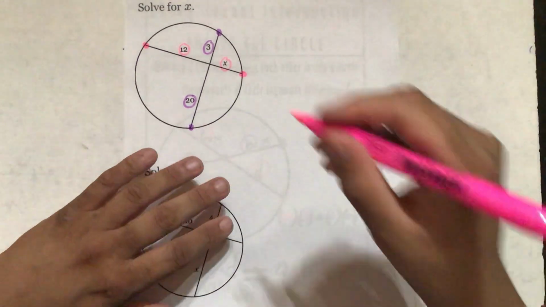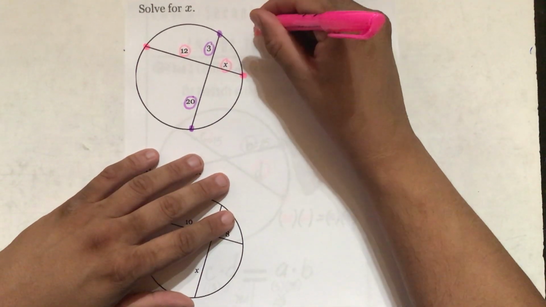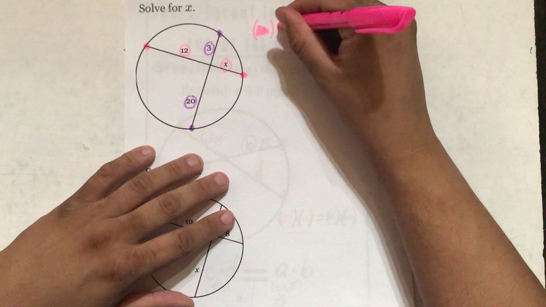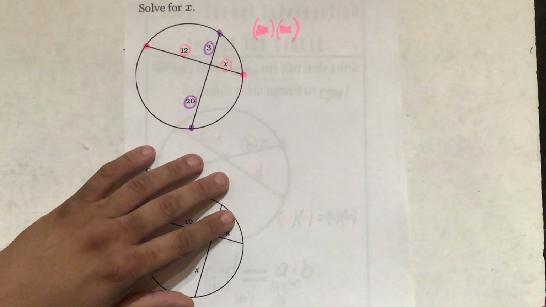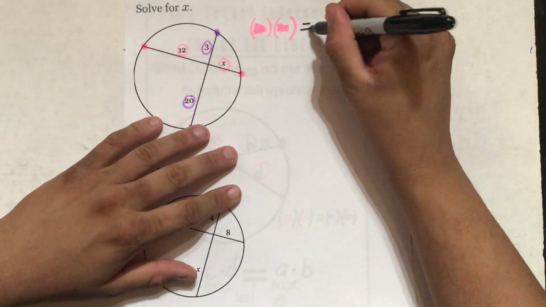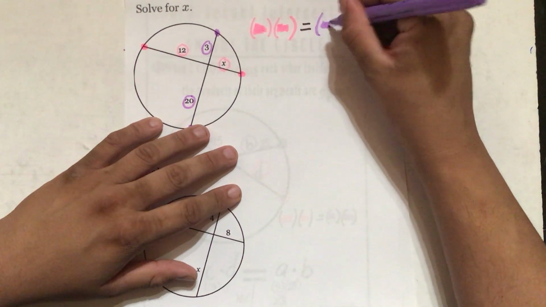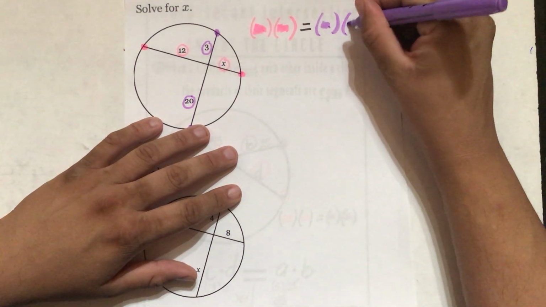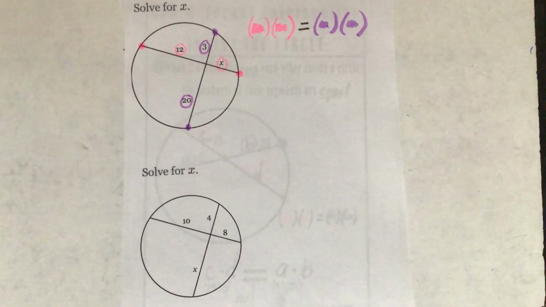So, right? Pink times pink is equal to purple times purple. So let's fill that in.